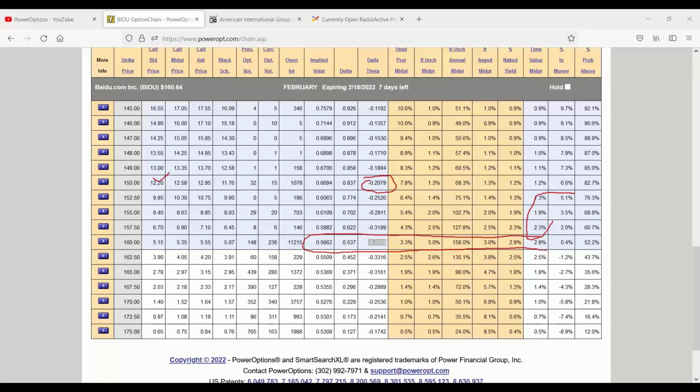And since theta is the measurement of the time decay you'd expect over a daily basis, the option that has the highest time value, always at the money, is going to have the highest theta, meaning that you should expect to see a quicker decay numerically on the at the money option.